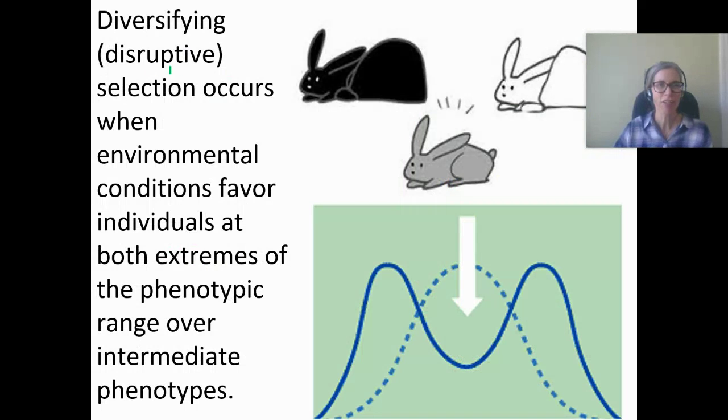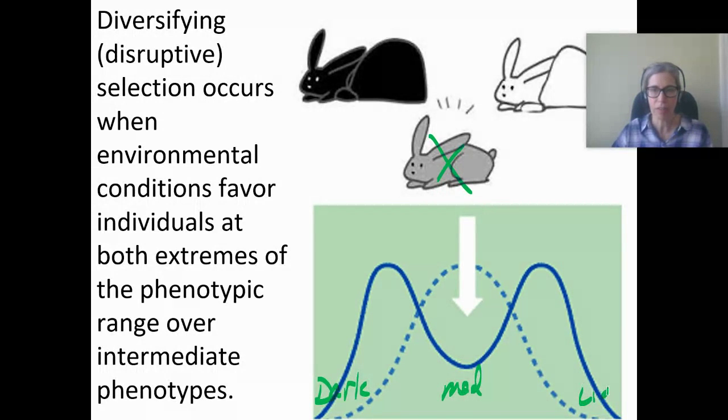Okay, diversifying or disruptive selection happens when some middle phenotype is selected against. So in this case, we've got dark rabbits here and medium ones and light ones like that. So this is not time along the axis. This is just some phenotype, in this case color.